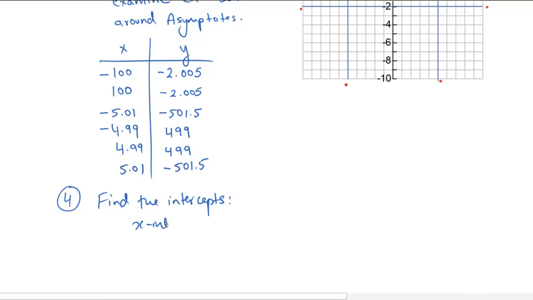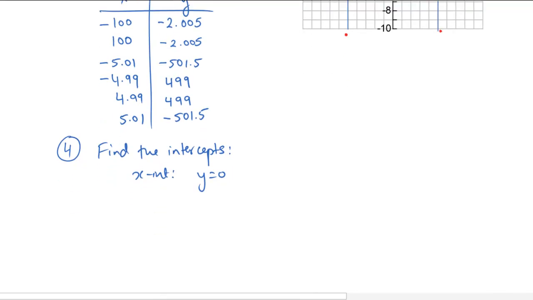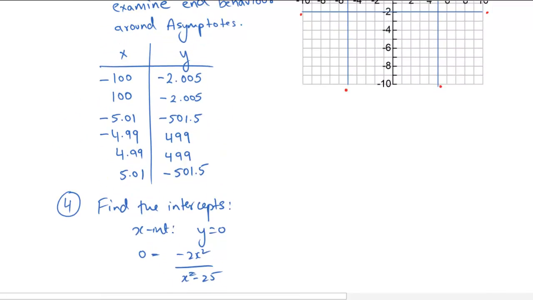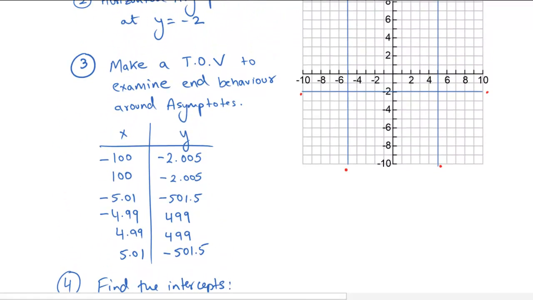You take that expression, you plug in y equals 0, so what you're going to get is the following. 0 equals negative 2x squared over x squared minus 25, which means 0 equals negative 2x squared, which means x equals 0. So that means we have an intercept at (0, 0). When y is 0, x is 0, that means when x is 0, y is also 0. So we only have one intercept here, and that's going to be at the point (0, 0).